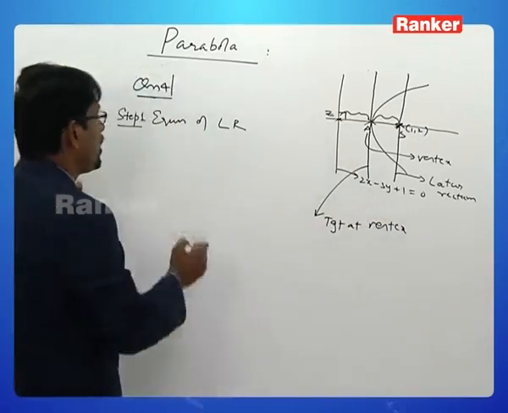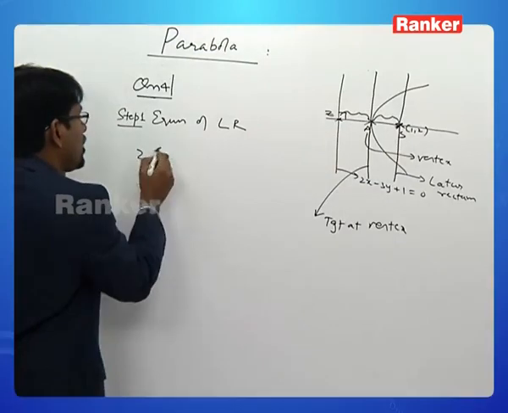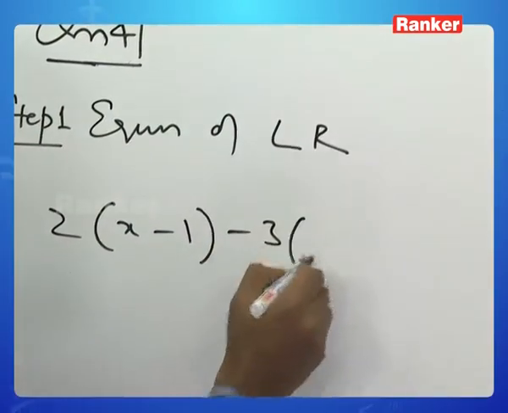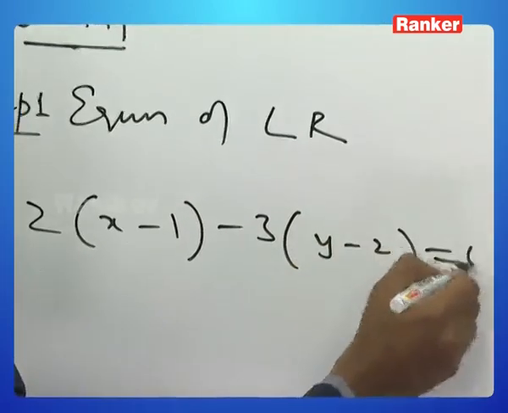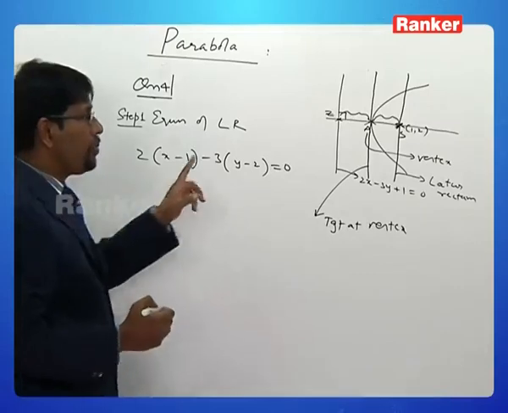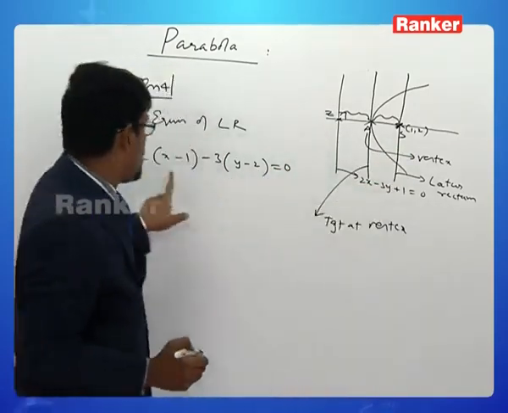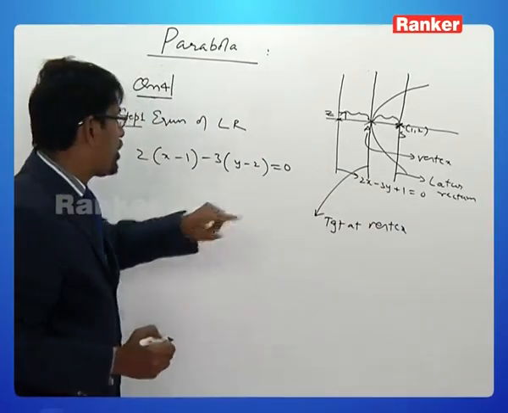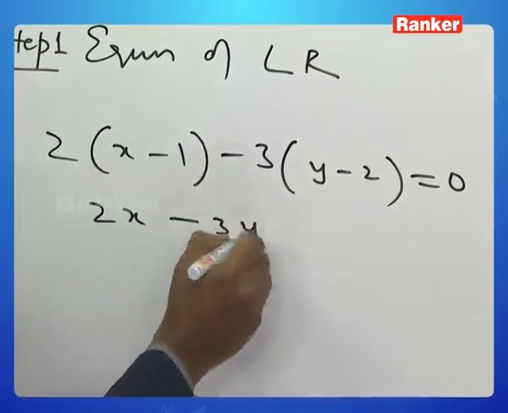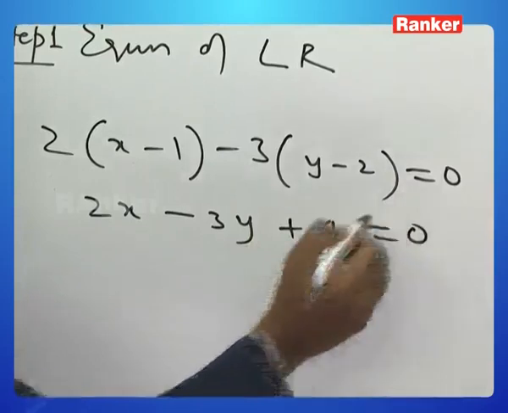So I can say the line parallel to this and passing through (1, 2) can be written as 2(x - 1) - 3(y - 2) = 0. What is that? 2x - 3y - 2 + 6 makes it plus 4, equal to 0.